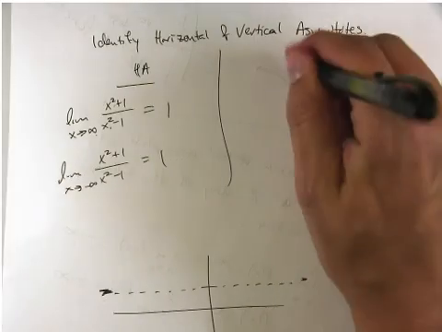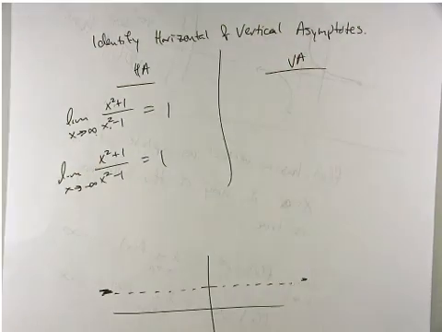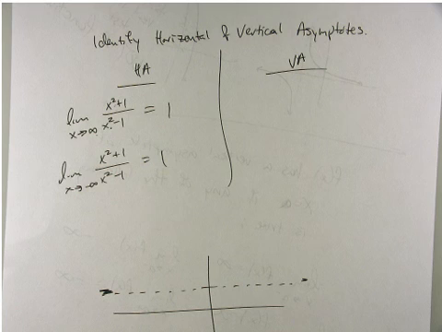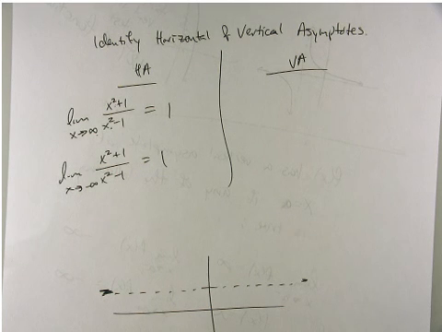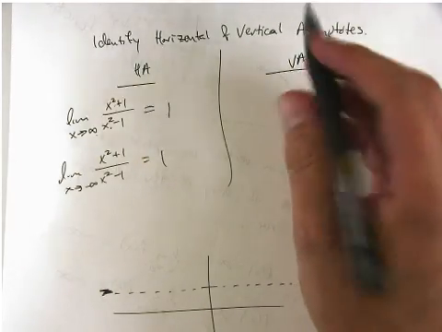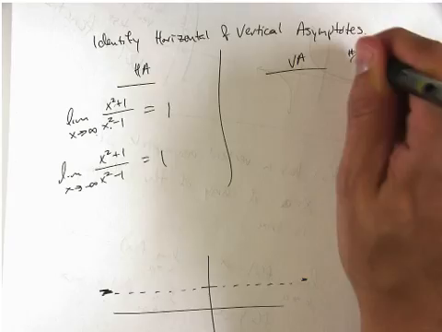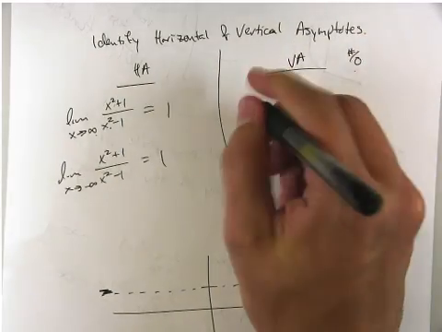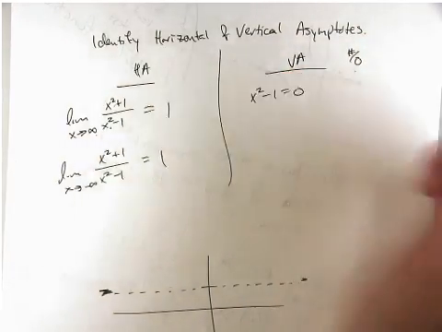What about vertical asymptotes? How do you identify these? Yeah, the key aspect is that you have a number divided by 0. So I'm going to take the denominator and I'm going to set it equal to 0.